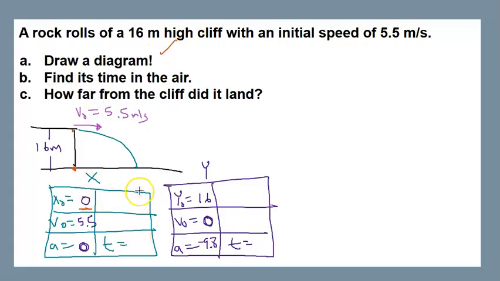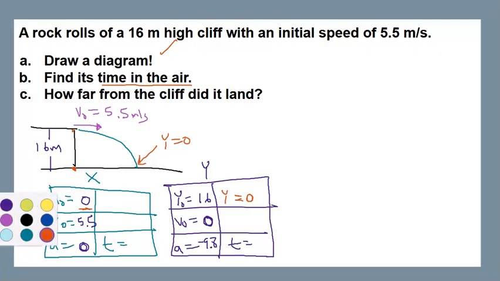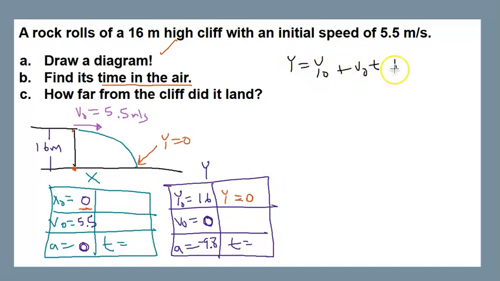So we drew a diagram and set up the Sudokus. Find the time in the air. When it hits the ground, it no longer has altitude, so y final equals 0. That's a hint that we're going to use the vertical to find the time in the air. You have your whole position function. You hit the ground, just like the baseball lab.